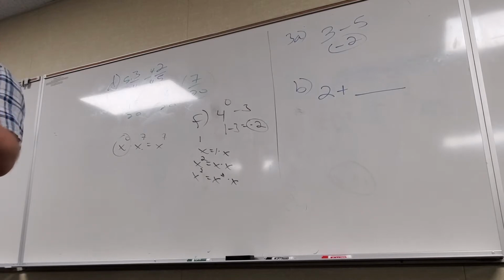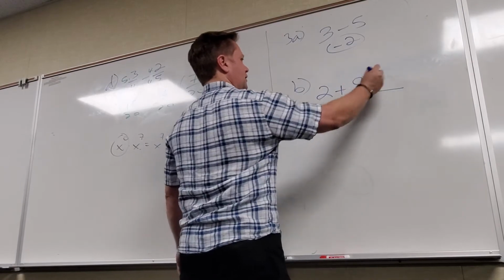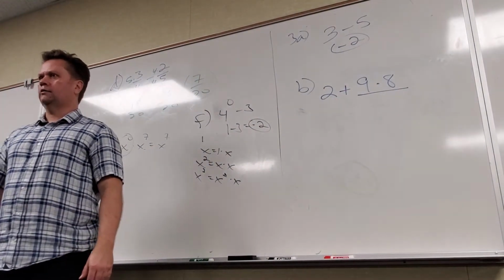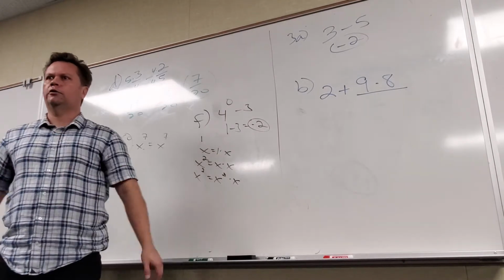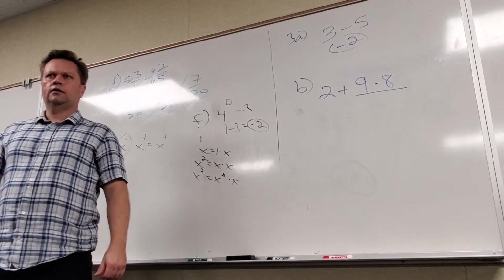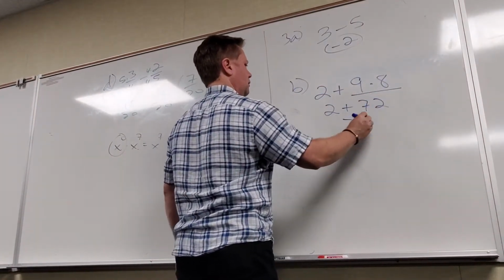Hey, process of elimination. If I said the quotient of 7 and 11, that's 7 over 11. So 2 more than the product of 9 and 8. Bam. It works either way because addition doesn't care what order you do it in. And of course, what's 9 times 8? 72. Bam.